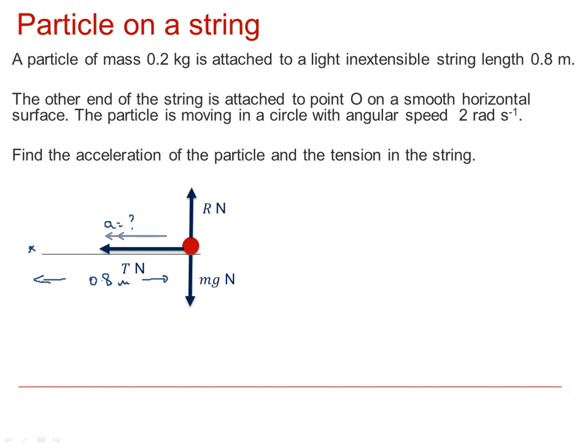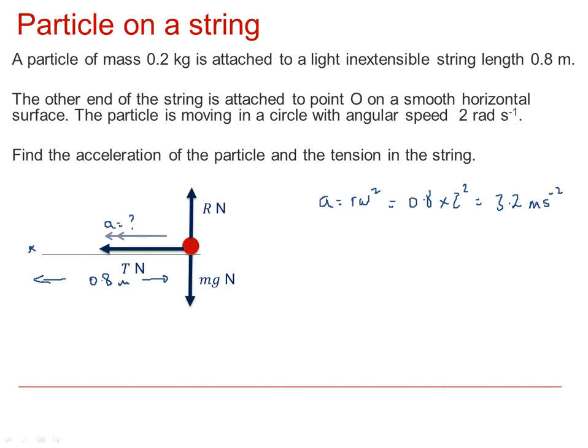Well, for circular motion then, we have that a is r omega squared, the formula we can use. So that is 0.8 multiplied by 2 squared, which gives us a value of 3.2, and that's metres per second squared.